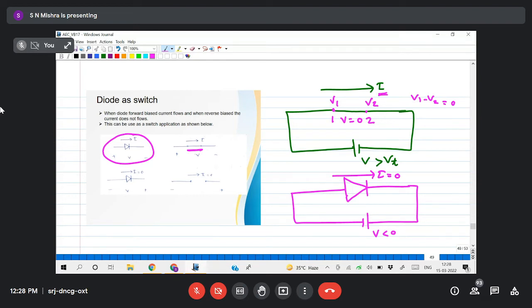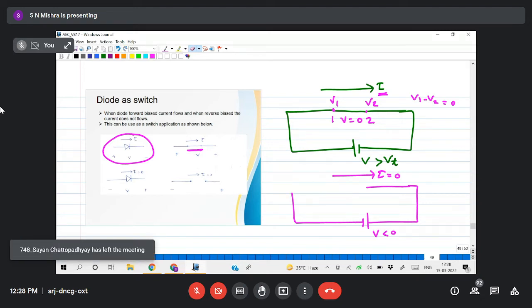Now in reverse bias condition, what happens? Current is not flowing. Current not flowing means these 2 points are shorted or open? Open circuit, they are not connected. That's why current is not flowing. So this is open, I'll have some voltage and current is 0.